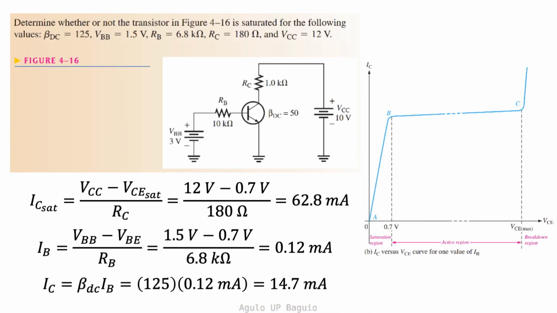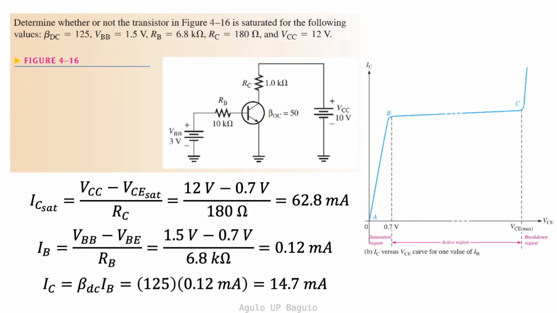Let's solve this next exercise. Determine whether or not the transistor in figure 4-16 is saturated for the following new values. DC beta equals 125, VBB equals 1.5 volts, RB equals 6.8 kiloohms, RC equals 180 ohms, and VCC equals 12 volts.